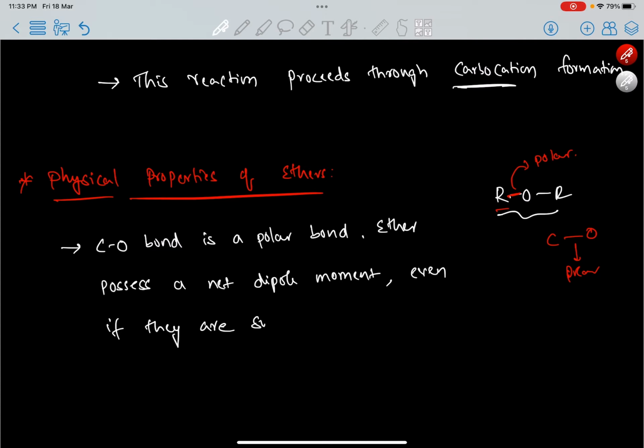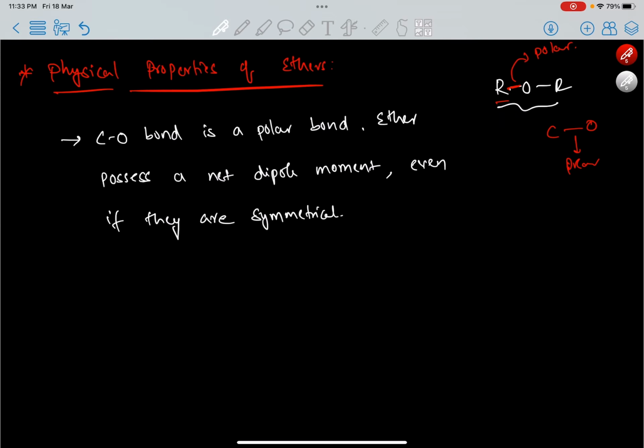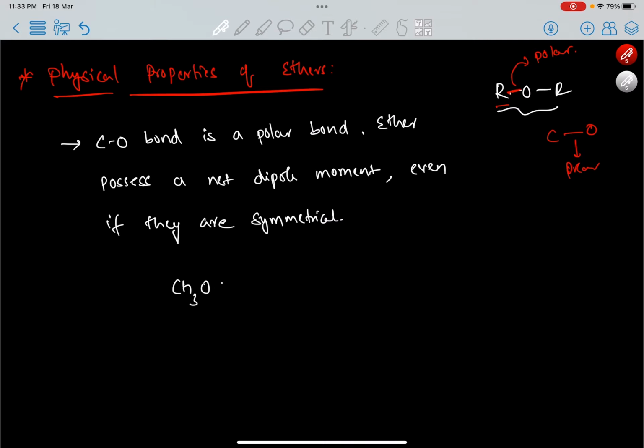Even if they are symmetrical, that means if I have CH3OCH3, they are symmetrical because on either side of oxygen we have the same alkyl group. So how does it work? Why is this ether polar? We have CH3-O-CH3.